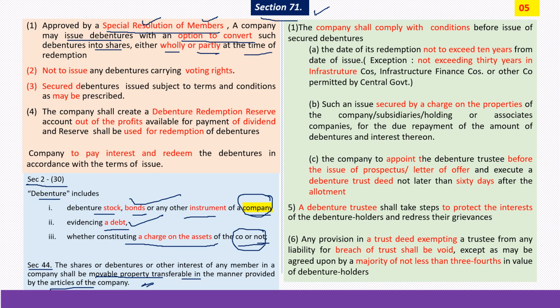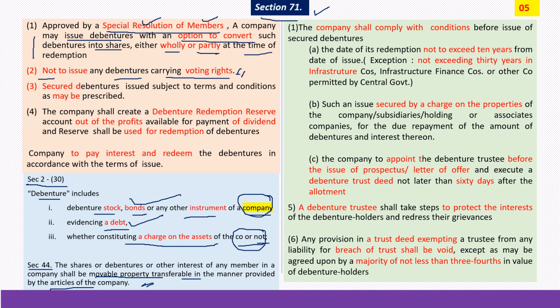Just to say, members by a special resolution approve the issue of either fully or partly convertible debentures or pure debentures with no conversion option at all to the investors. And second point, it says company cannot issue a debenture with voting rights. Voting rights is the prerogative of the equity shareholders.